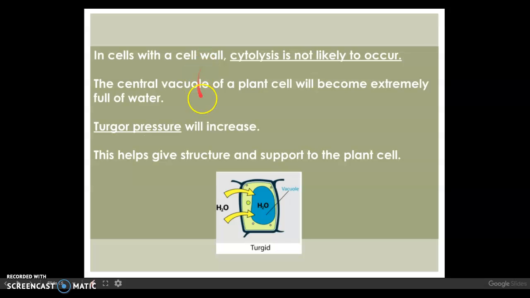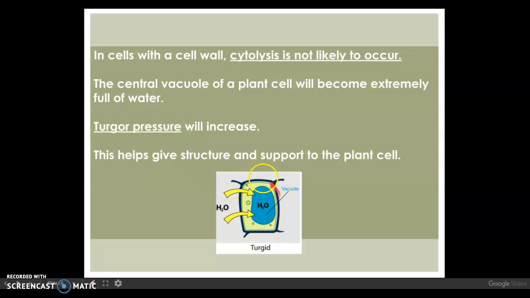Because of our cell wall and our central vacuole, what happens is the plant cell just becomes extremely full of water. If you think about a plant that hasn't been watered for a long time, it's wilting, right? It's kind of bent over, doesn't have any life to it. If you add water to a plant, what's going to happen is that large central vacuole is going to fill up, and what that's going to do is cause this thing called turgor pressure to increase.